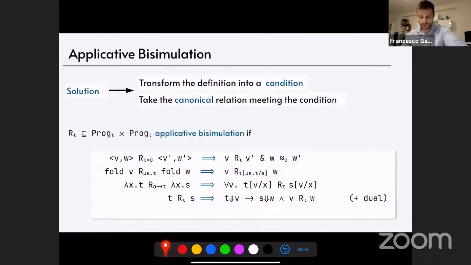So let us begin with the first step. We convert the previous definition into a condition. So that, for instance, now we say that a relation, a candidate equality between programs, is a good one if, for instance, it is closed under function extensionality, right? That's exactly the same definition we had before, but now we have replaced the if and only if with implications, making a condition.